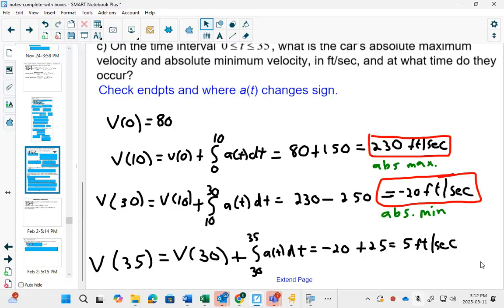And so we just need to see where our acceleration graph is equal to 0. The exam really likes accumulation of change questions because they can ask like extreme value theorem in context.